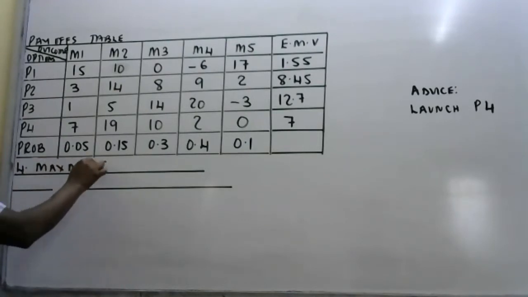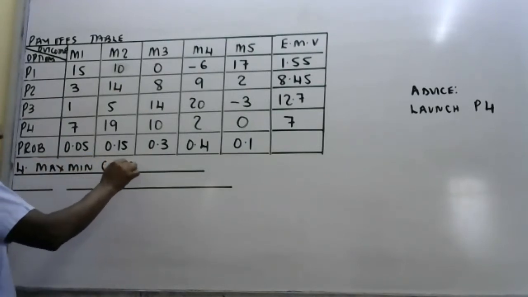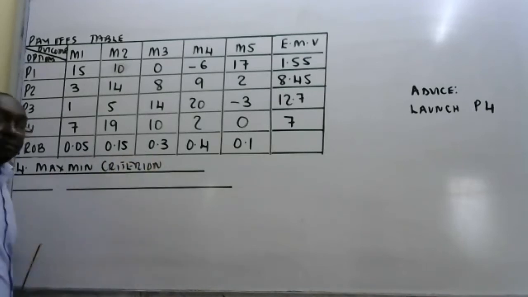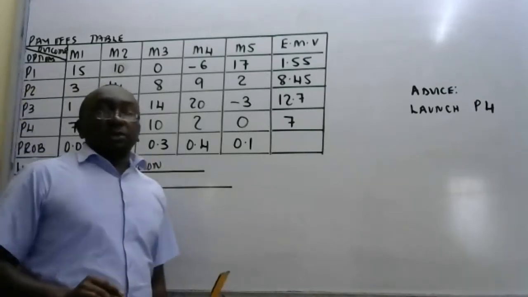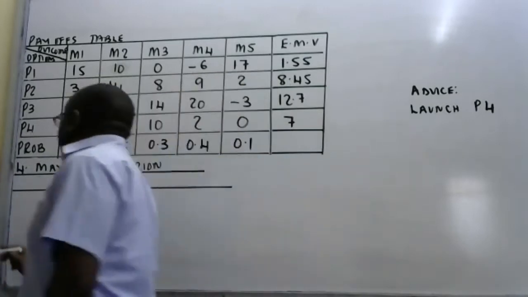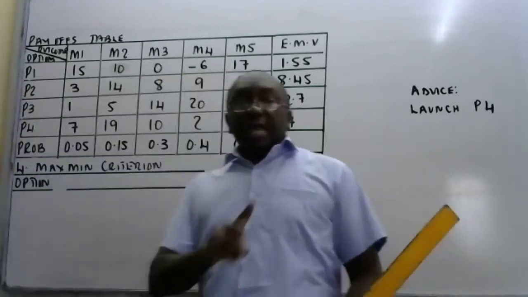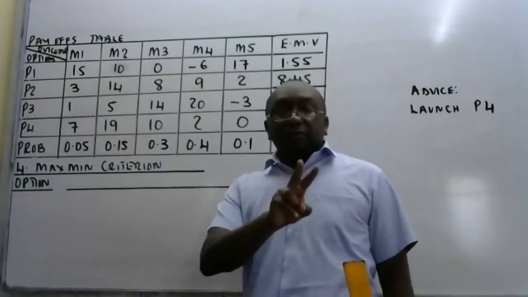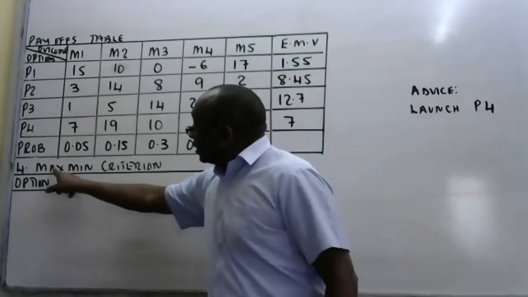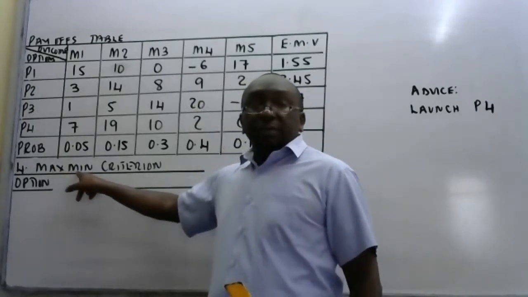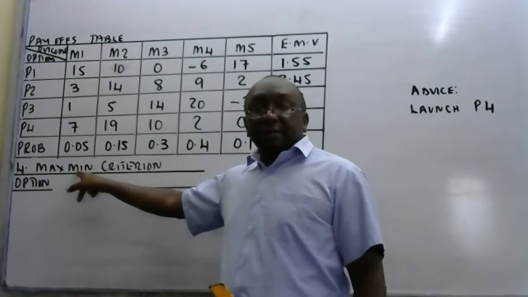Max-min criterion. Criterion is the other word for rule. So what you do, you have the option here, and you can see this rule is divided into 2. It is a makeup of 2 words: the word maximum and the word minimum.